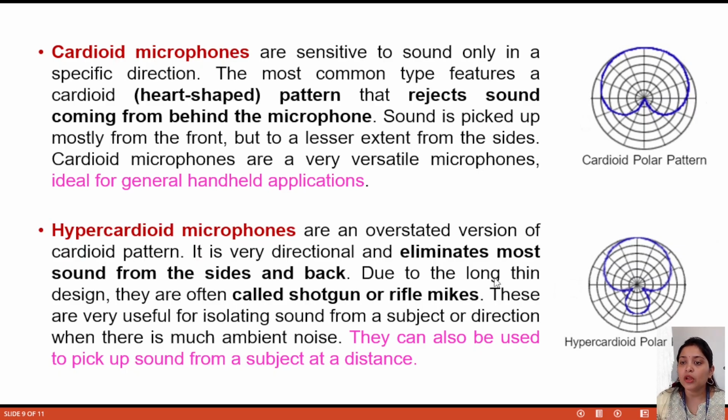Due to the long thin design, they are often called shotgun and rifle mics. It looks like a shotgun. These are very useful for isolating sound from a subject or direction when there is much ambient noise. Basically, in the next two or three videos we will discuss the shotgun or gun microphone, where this hypercardioid principle is basically used.